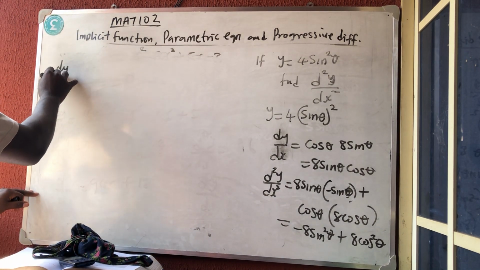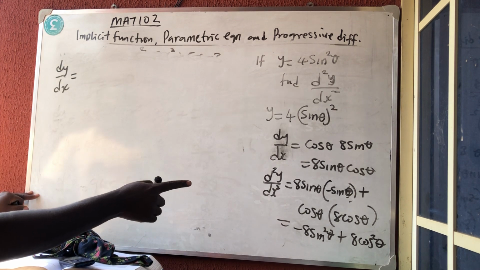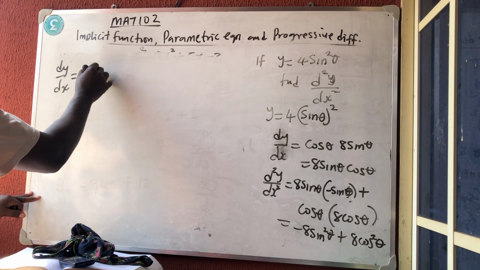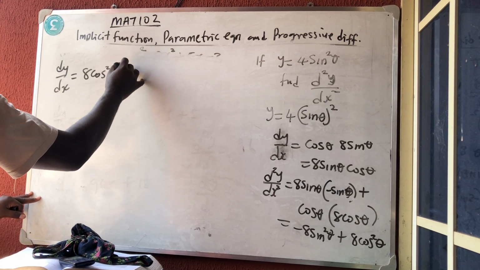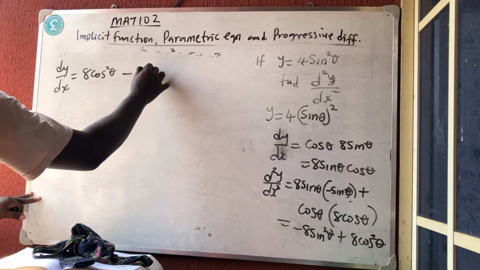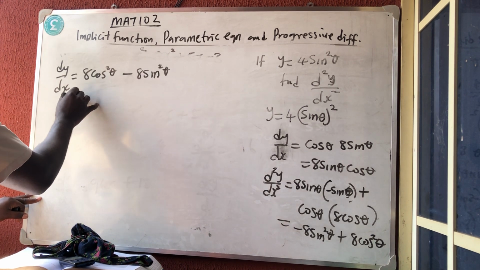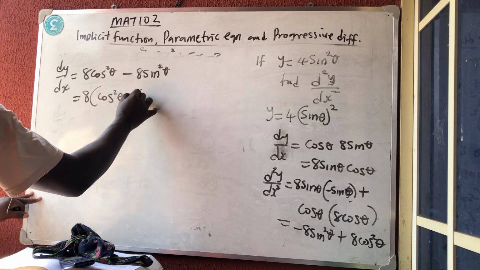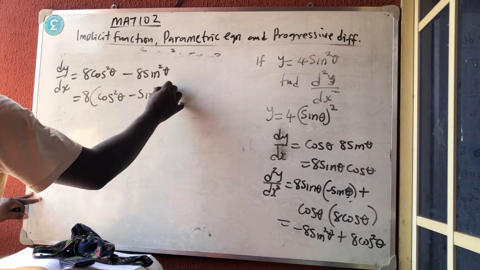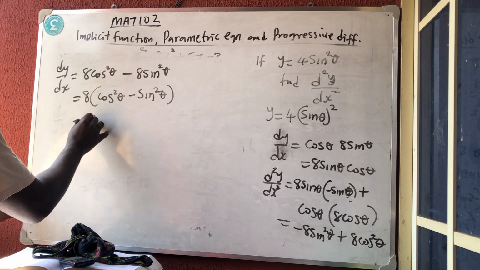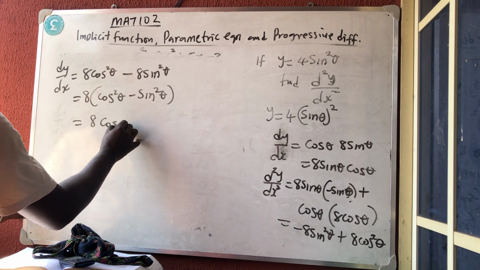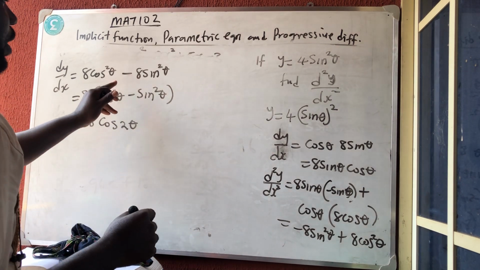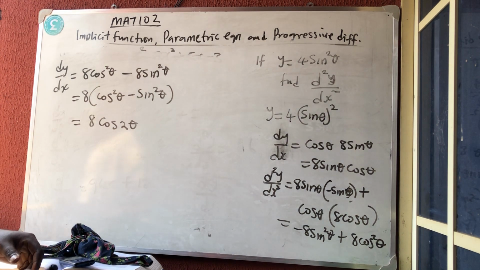So instead of writing minus first, start with plus. I'm having 8 cos squared theta minus 8 sine squared theta. So if I bring out 8, I'm having what? Cos squared theta minus sine squared theta. So what do you have now? 8 cos 2 theta. Because I told you that cos squared theta minus sine squared theta is cos 2 theta.